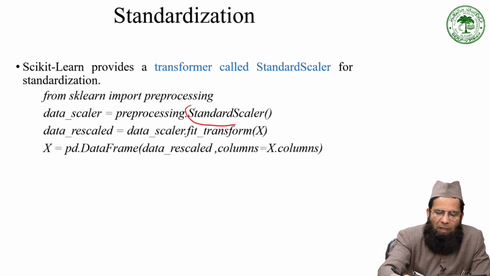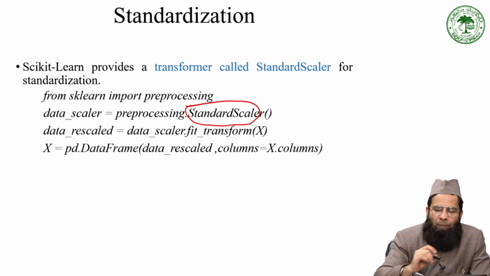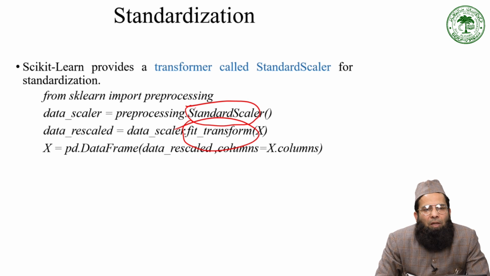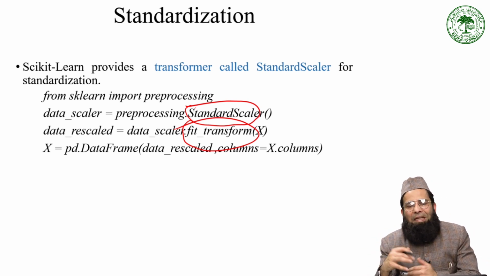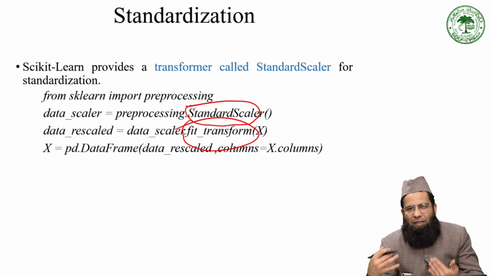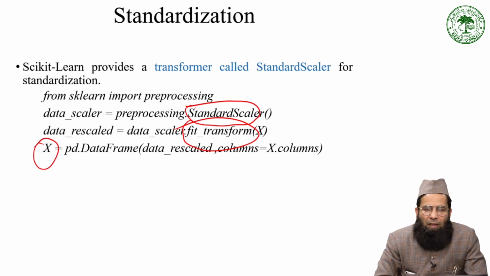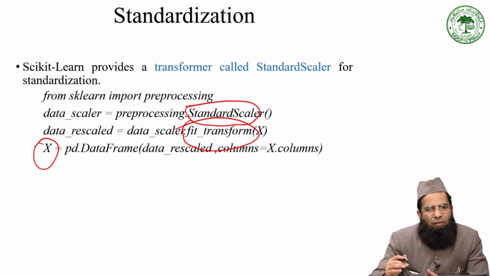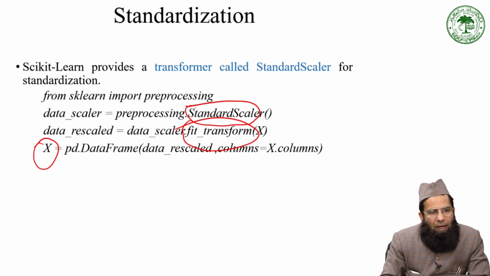You can directly import StandardScaler, just like the MinMaxScaler that we had seen previously. And you need to apply the fit_transform method to rescale the value based on standardization, based on StandardScaler. Now this value would have values between -1 to 1. Actually, standardization would give values between -1 to 1, and it would have 0 mean.